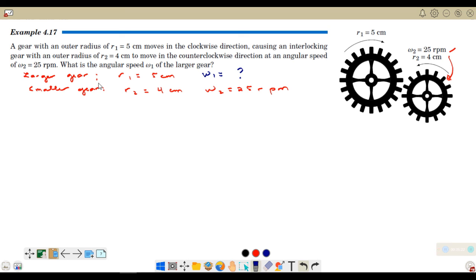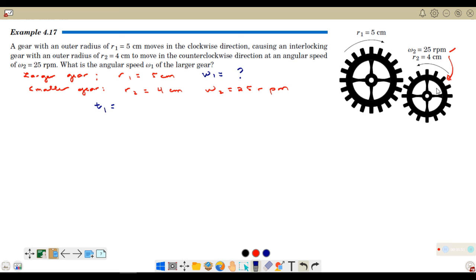So, here, since they are going to move simultaneously, so after a certain unit of time, kung gumalaw si larger gear from t sub 0 to a certain unit of time, so t sub 1, gagalaw din itong maliit. Tapos kapag tumigil ito, titigil din yung isa.